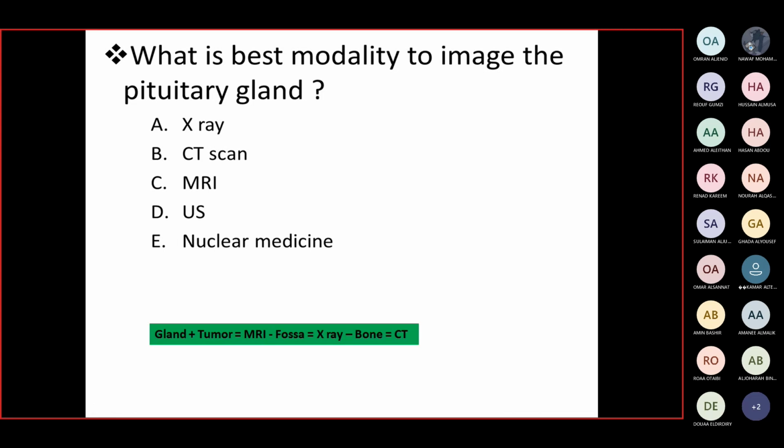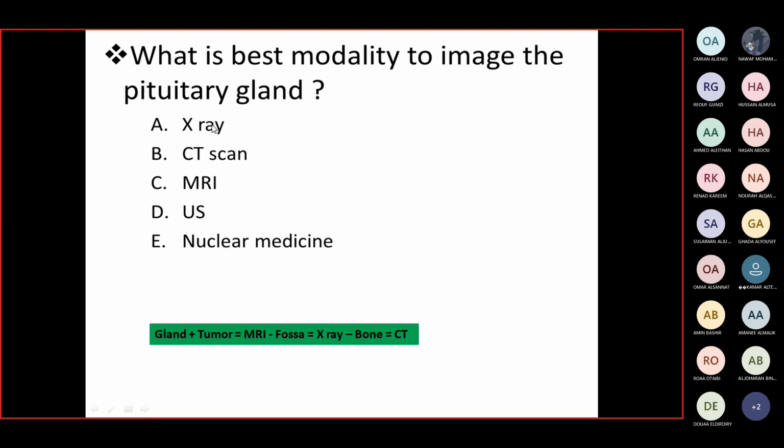CT. Yes, you are right. CT is the best imaging modality for assessment of the bone, here meaning the sella and the sphenoid bone.